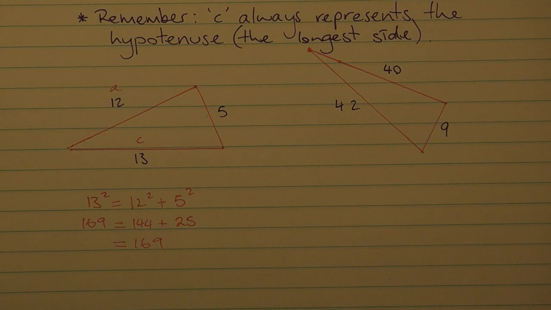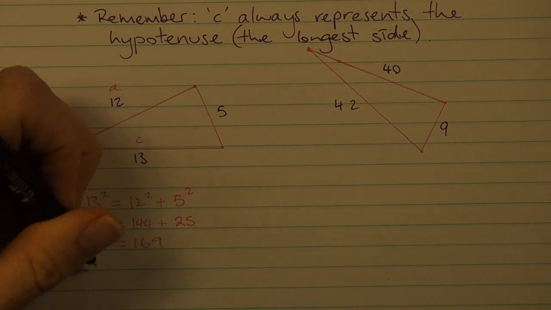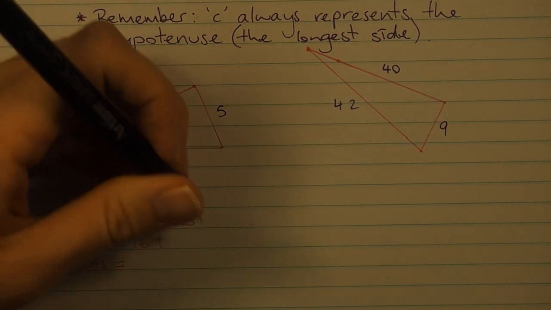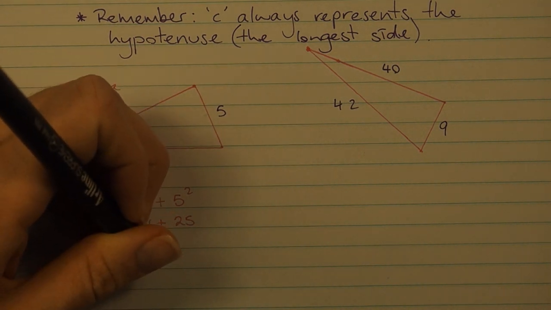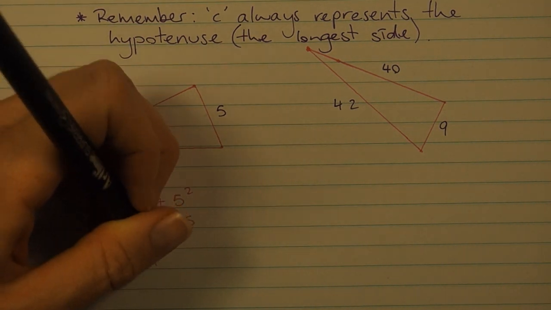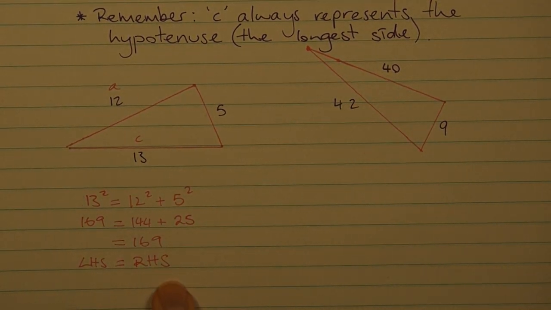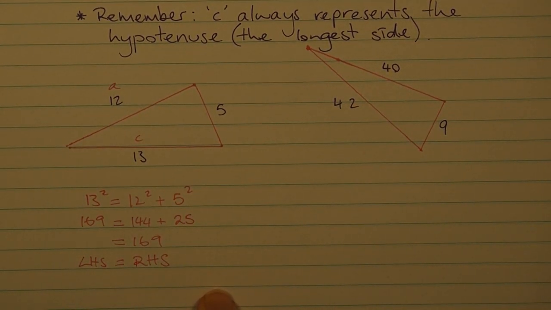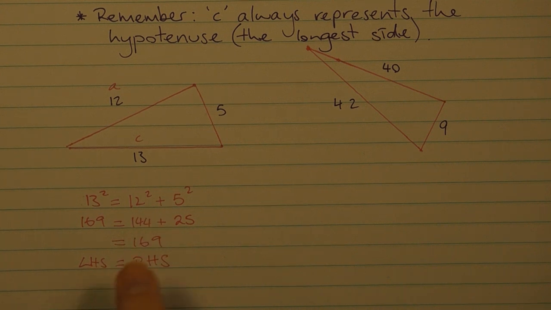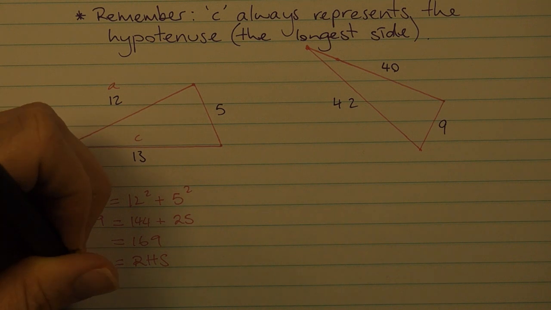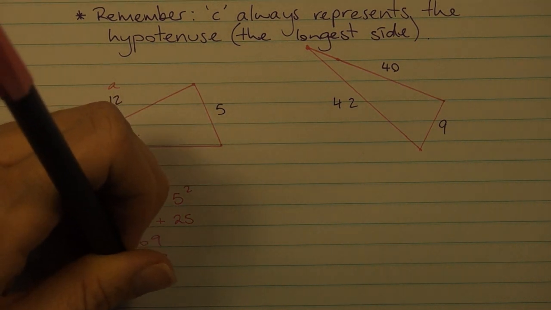To make clear what we know, we say that our left-hand side, and we write LHS for short because we don't like writing unnecessary amounts in mathematics, is equal to RHS. And of course, RHS stands for right-hand side. Because the left-hand side is equal to the right-hand side, we say that the triangle is right-angled.